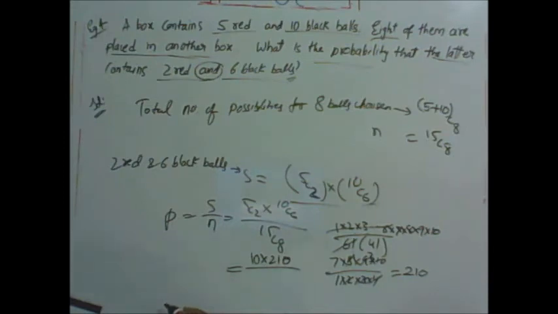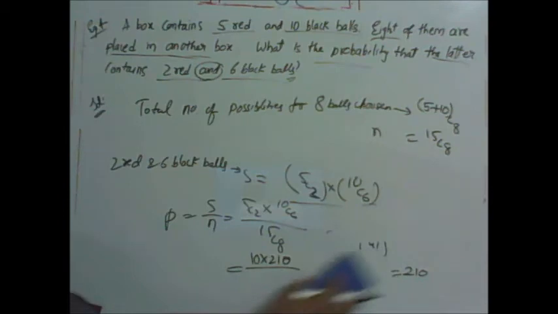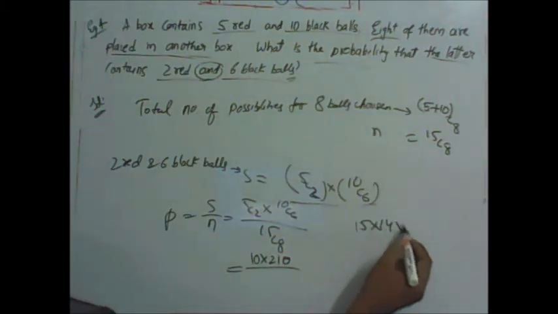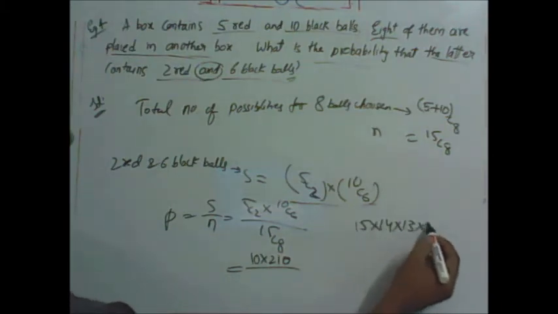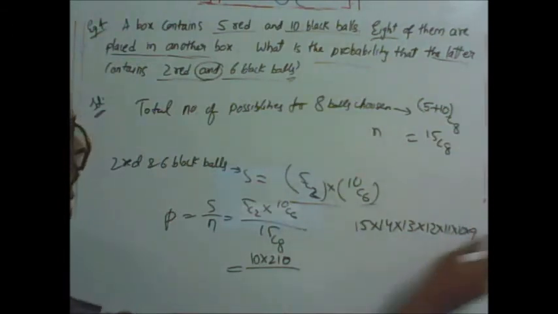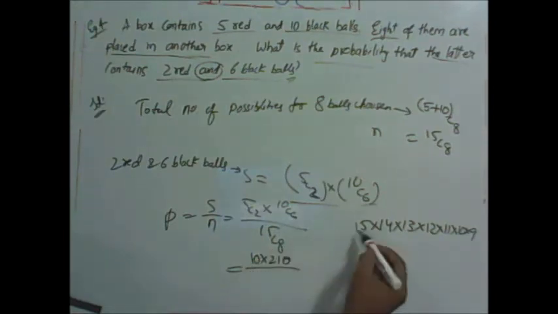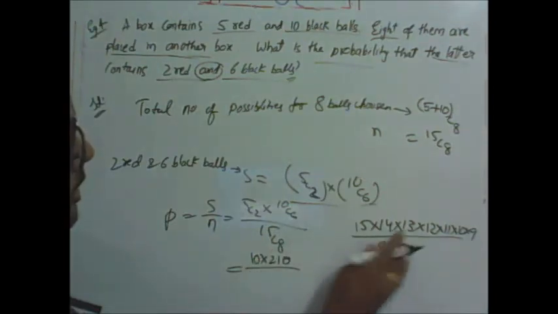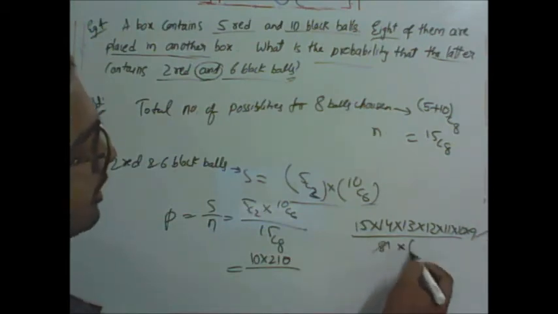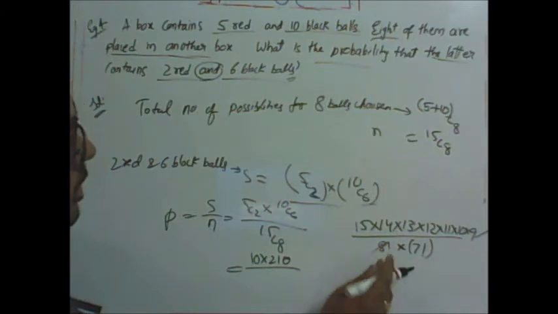When we try to solve 15C8, in a similar way as earlier, 15 into 14 into 13 into 12 into 11 into 10 into 9 into 8, whatever is remaining is cancelled by 8 factorial in the denominator, and the remaining part is into (15 minus 8), which is 7 factorial.